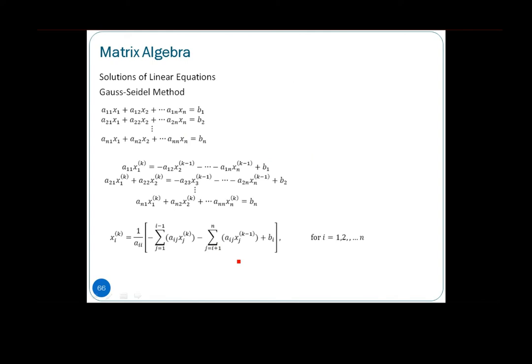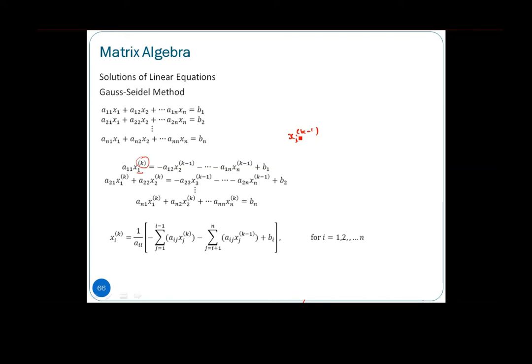Gauss-Seidel method is very similar. If you look into this mathematical formulation, to calculate x1 it uses the initial values x of k minus 1, because you don't have any value of x yet.